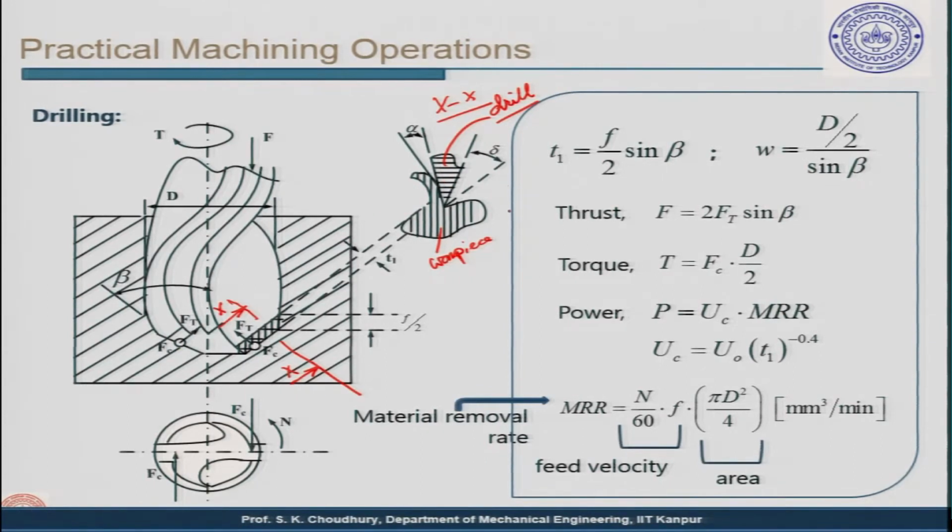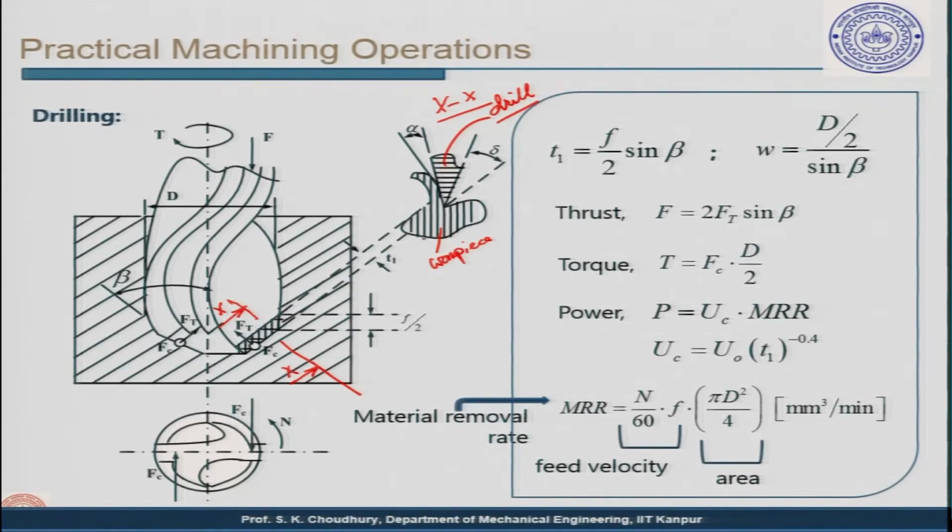You can see that this is very similar to turning, but here only one tooth is shown, one cutting lip, and the other cutting lip is on this side. In one section you cannot get both of them. So, this is the picture with the workpiece and the tool, and in this case the tool is the drill.